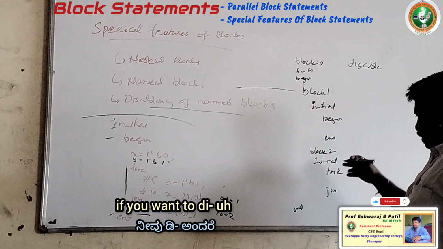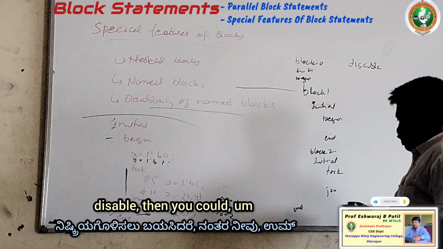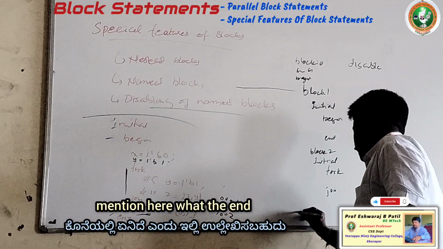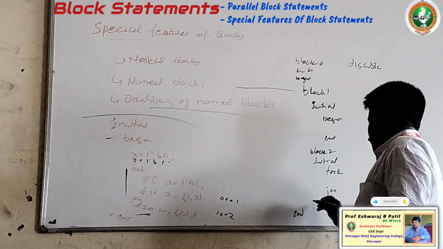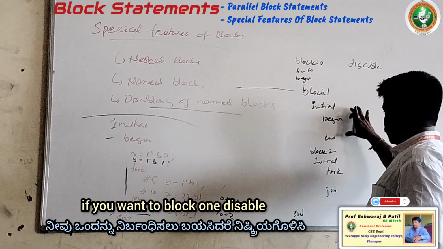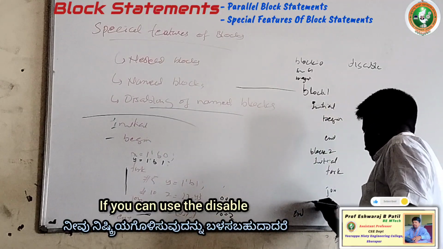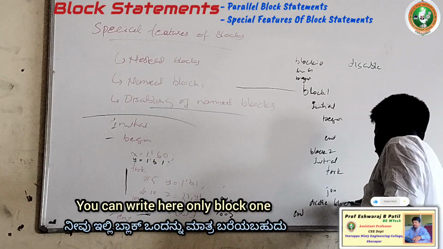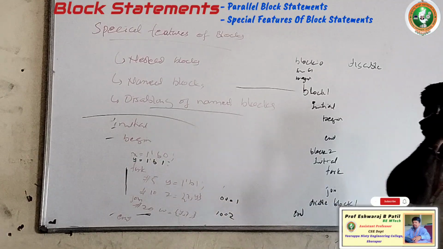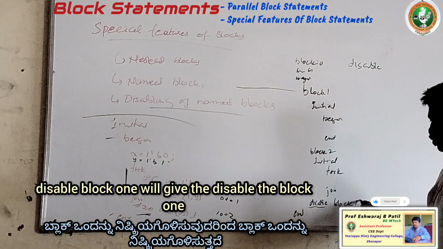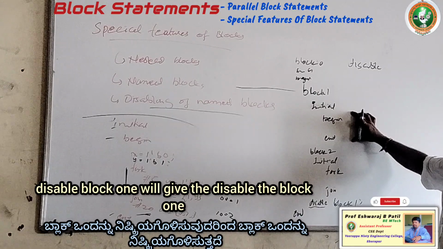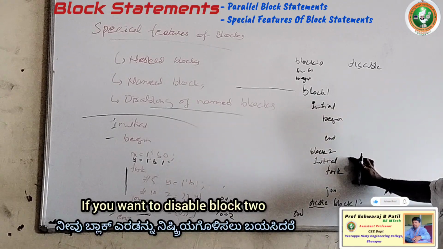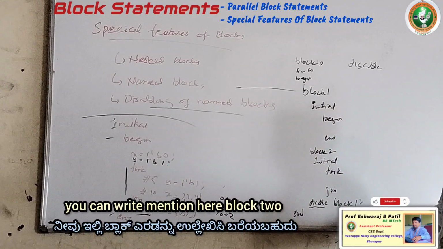If you want to disable block 1, you can use disable block 1, and you write only block 1 here. Definitely this disable block 1 will disable block 1. If you want to disable block 2, you can mention block 2 here.